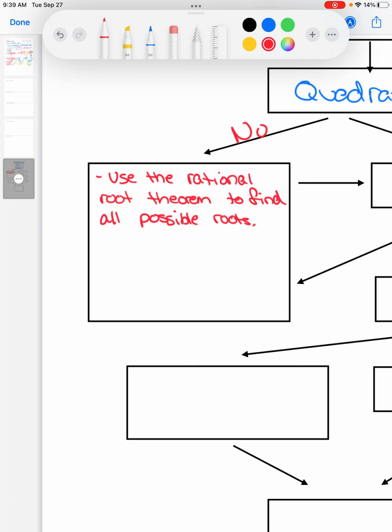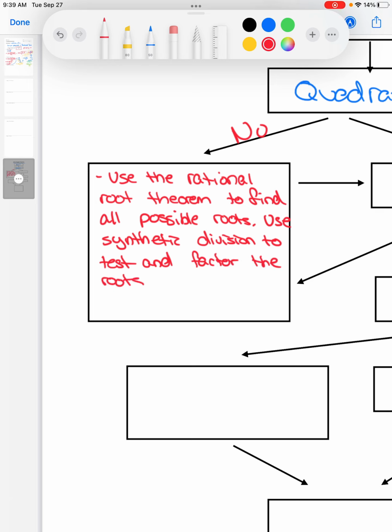And then, do we remember what to do after that? Use synthetic division to test and factor those roots out. Once we find something that works, we write our new polynomial in factored form.